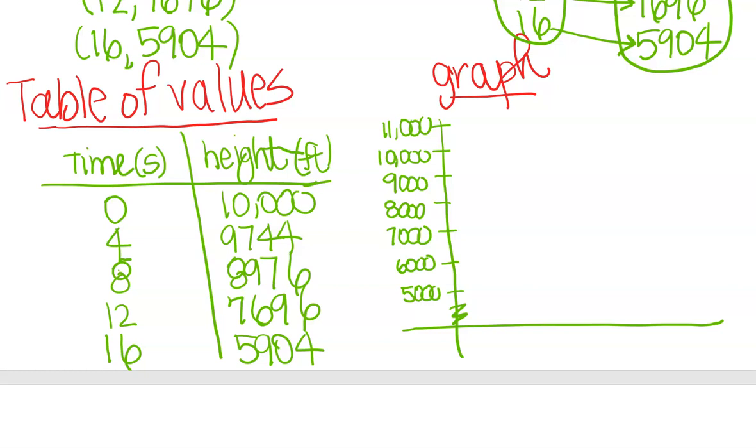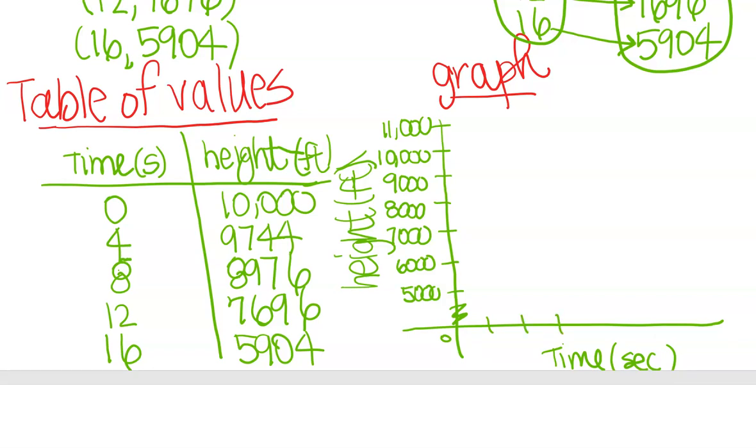So on the side, it's height in feet. For the x's, it is time in seconds. So if we go by twos, and you could keep going if you want to.